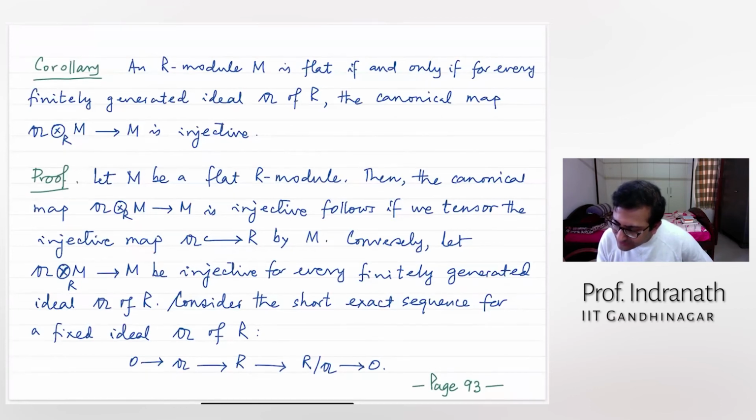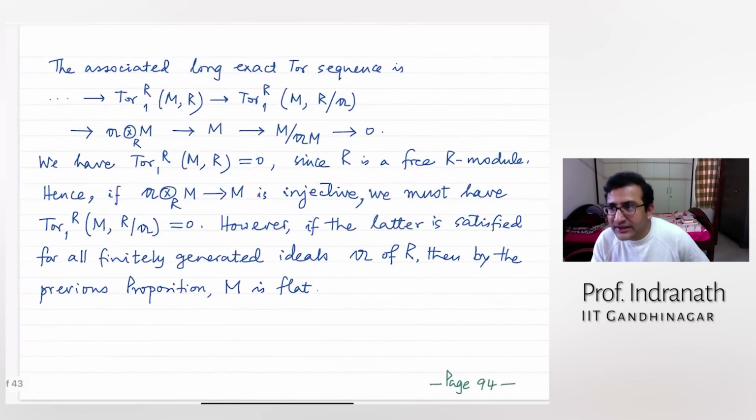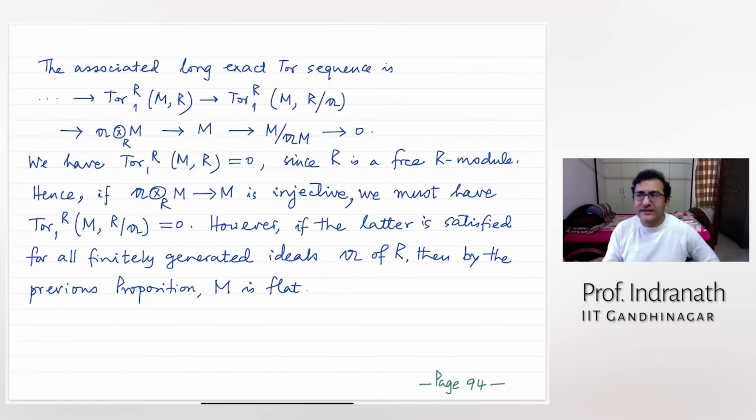And conversely, if you have injectivity here, for every finitely generated ideal A, now consider this short exact sequence you have seen just now. In fact, when Sampath was also giving the argument, it is basically the same thing. And then you tensor by M. You will have TORs coming out here, and then vanishing of TOR will take care of the exactness basically. Same argument, I told you, there's a pattern.